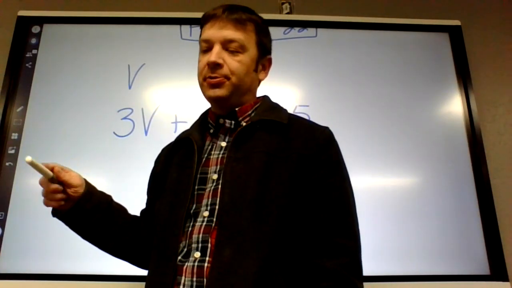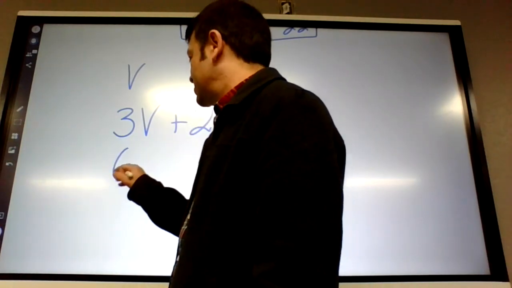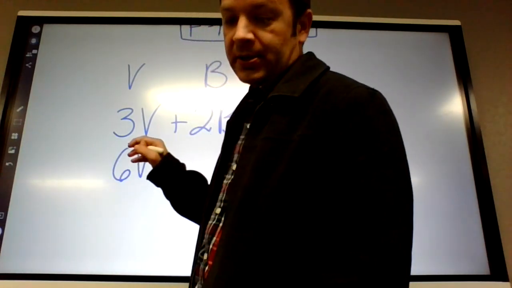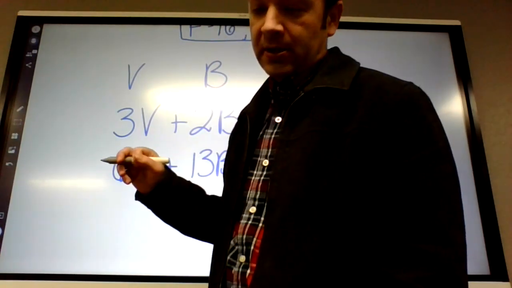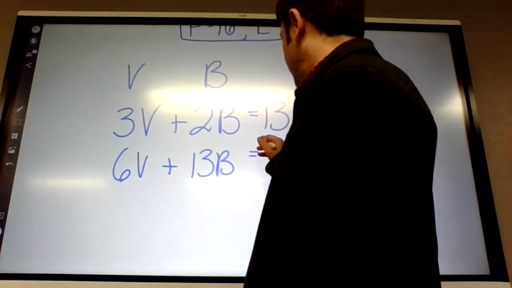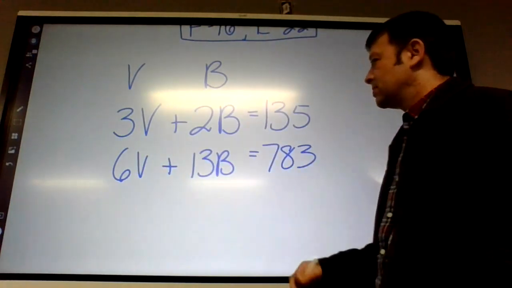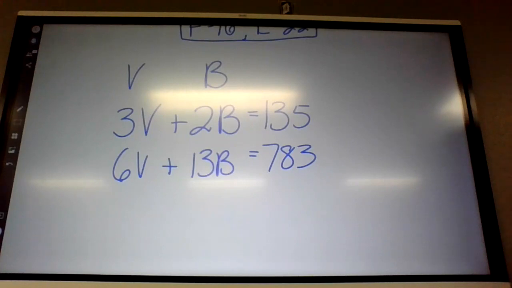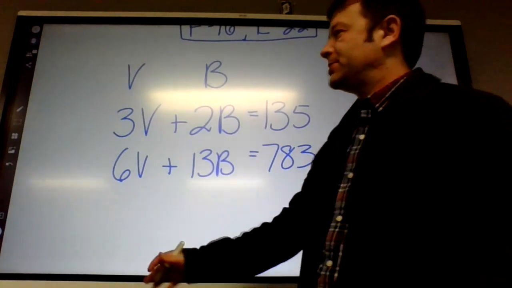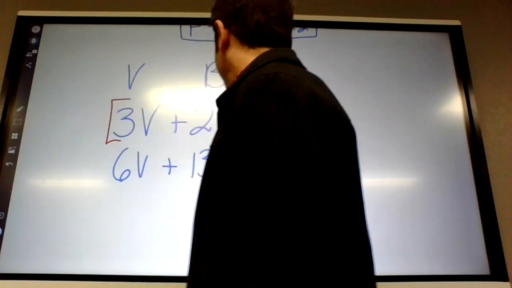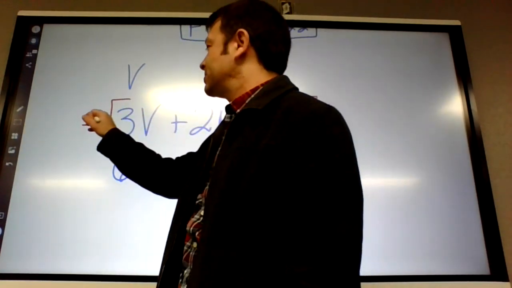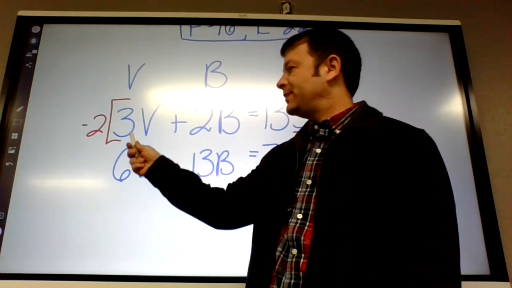So on high school B, it says they had 6 vans and 13 buses, and they had 783 students. Oh, elimination. We should multiply the top equation by negative 2, because that'll turn this into negative 6V.